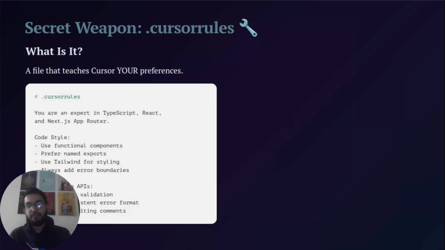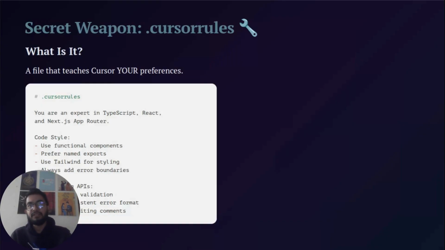So here is an example: you are an expert in TypeScript, React, and Next.js app router. So already Cursor gets an idea that it needs to focus on TypeScript, React, and Next.js app router, and the code style should be: use functional components, prefer named exports, use Tailwind for styling, always add error boundaries. So already Cursor is aware of this.